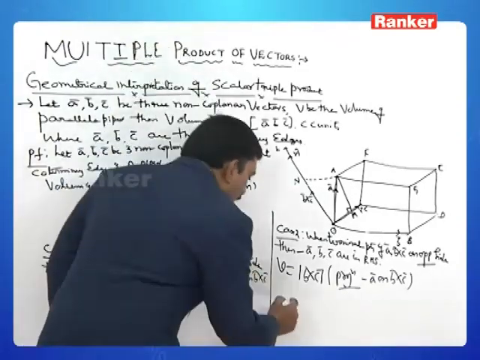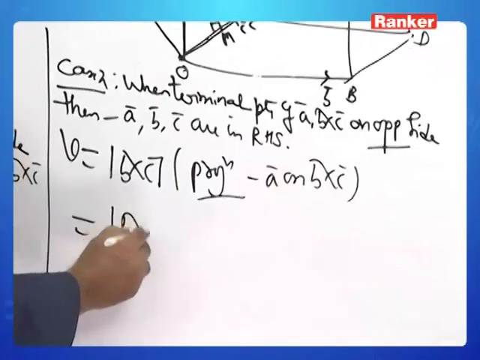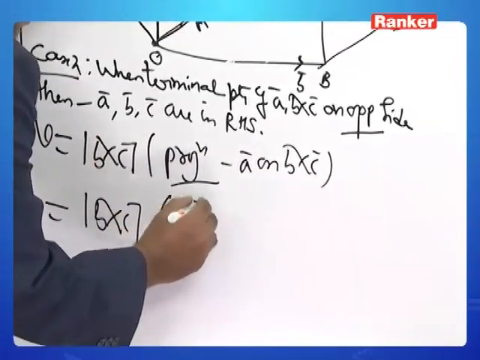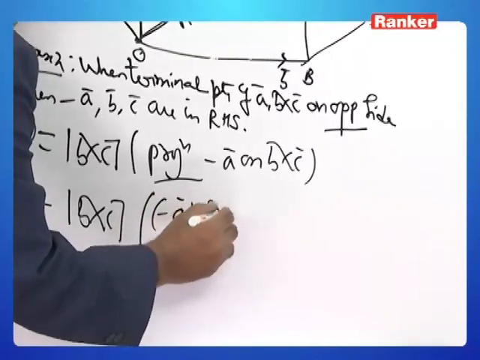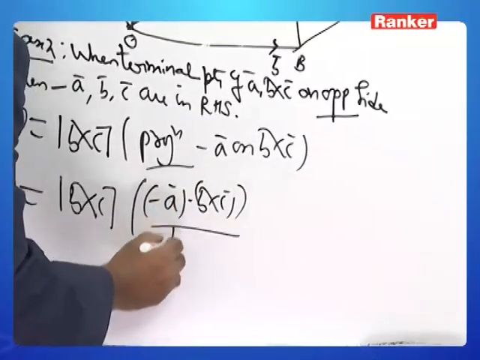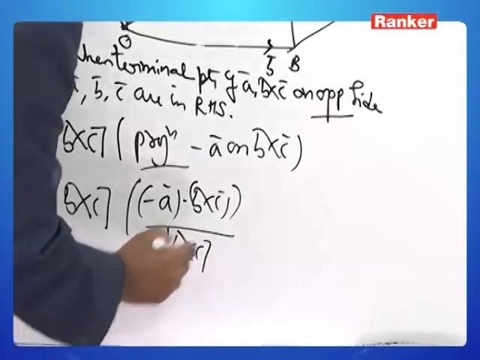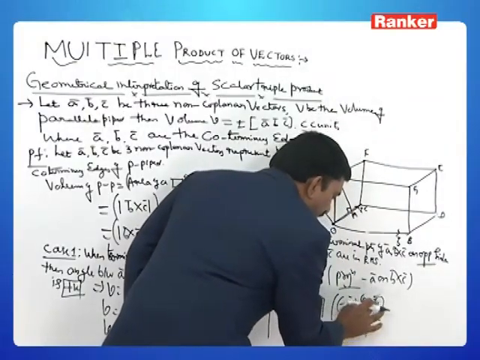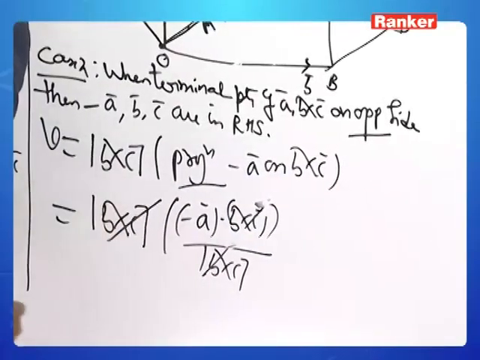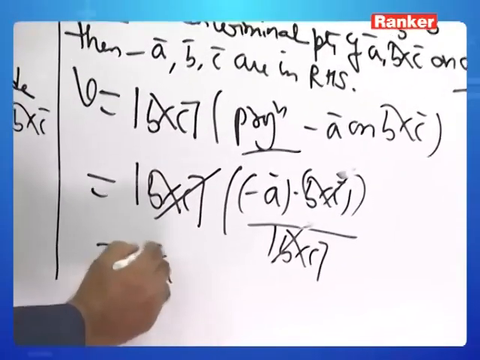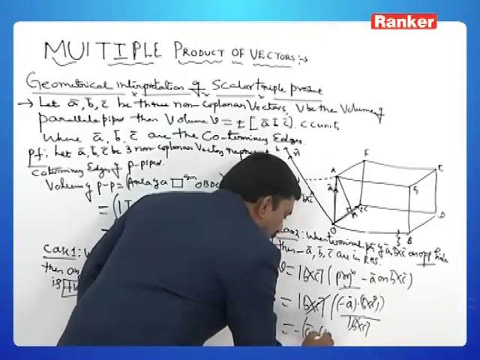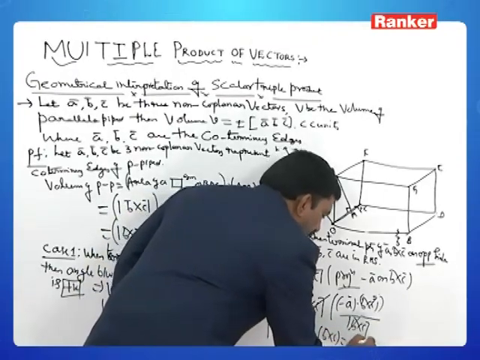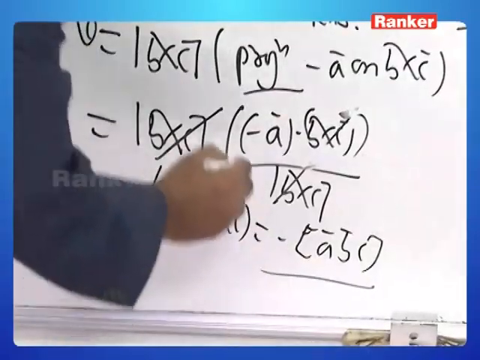So therefore, I can write modulus of B bar cross C bar into minus A bar dot of B cross C whole divided by modulus of B cross C. This and this get cancelled. I can write minus of A bar dot of B cross C, which is minus A bar, B bar, C bar.